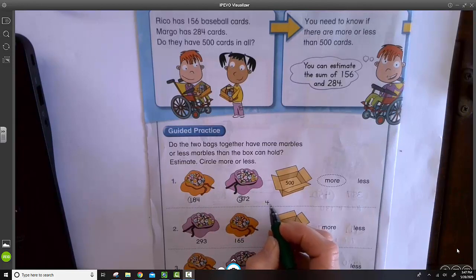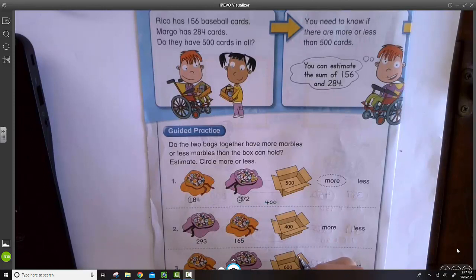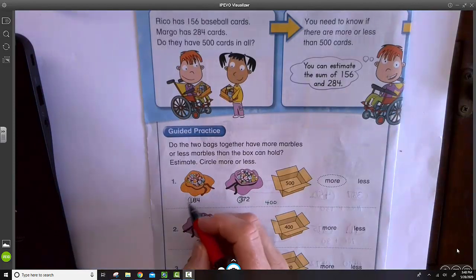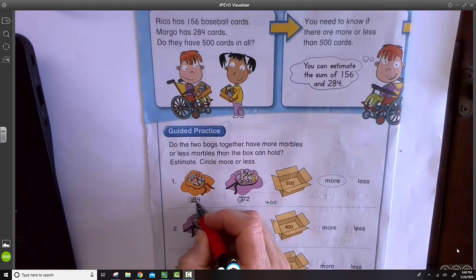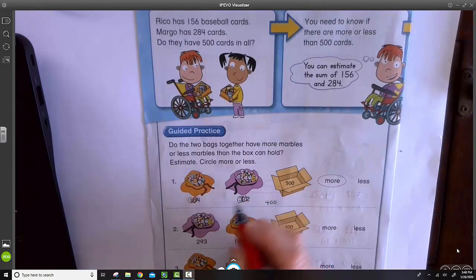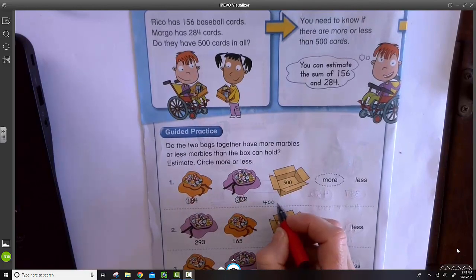And I don't use the addition with that because I know that you can do mental math and see that 100 and 300 would be 400. Next, we look at the tens, of course. I know that you were thinking that. We have 8 tens and 7 tens, which the value would be 80 and 70. 80 plus 70 would be 150.